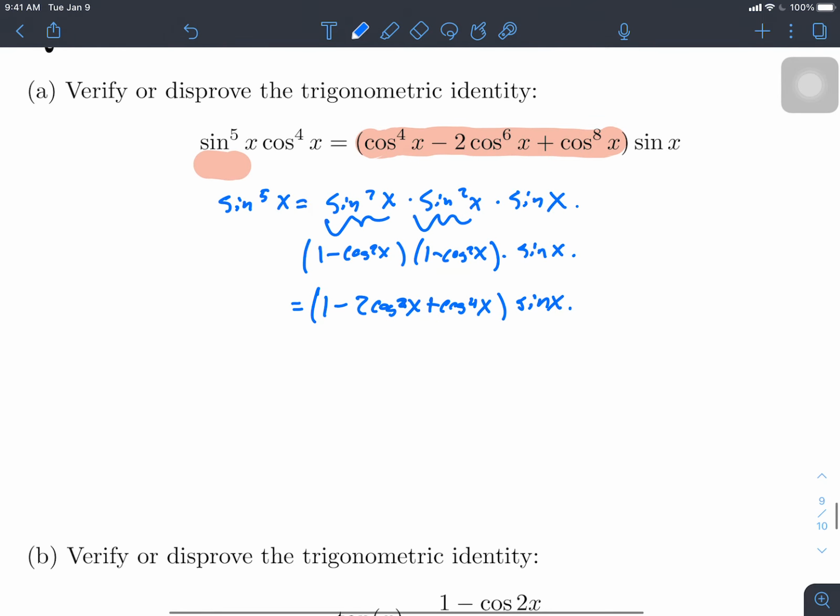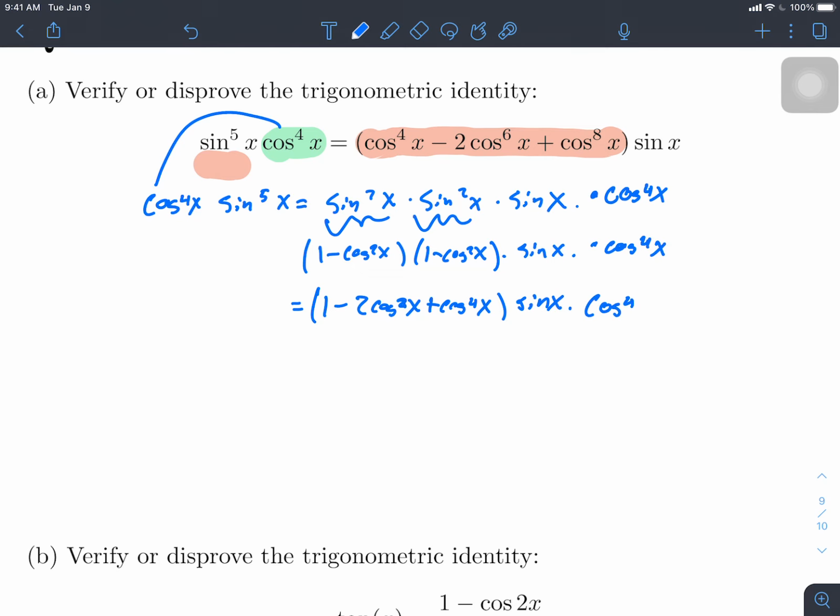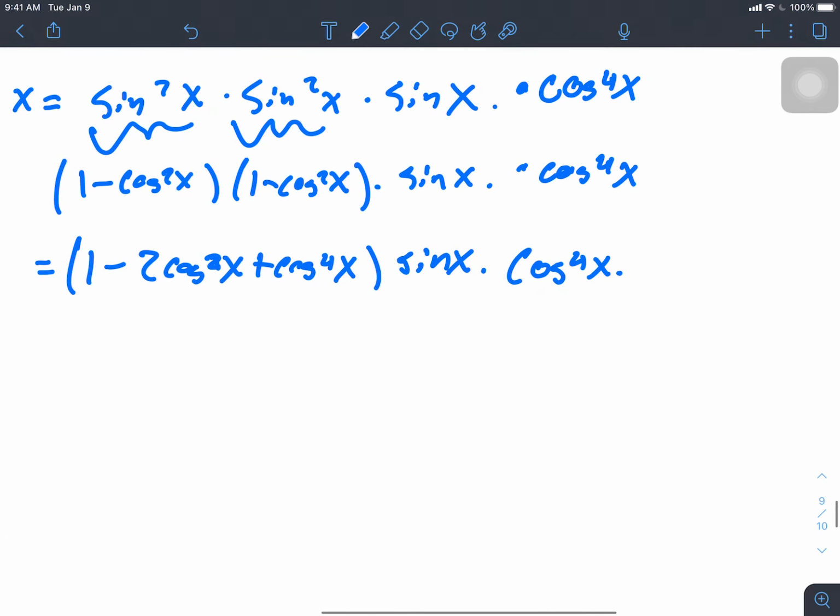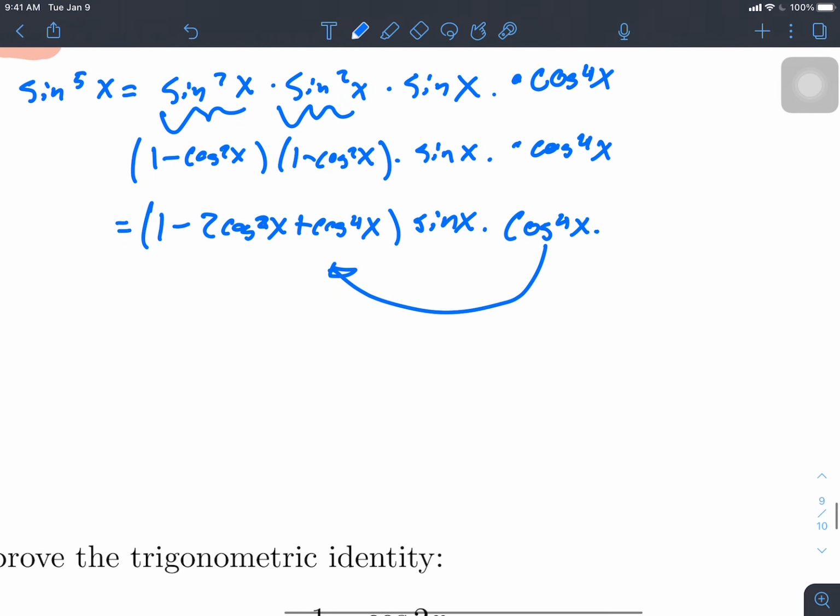And then I've also got this term here, which I've kind of left off up until now, this cosine to the power 4x. Multiply that out back, and then I can bring this cosine to the power 4x inside of our parentheses here.